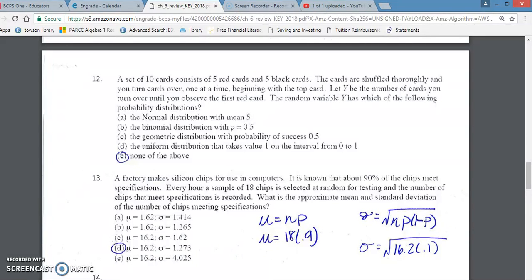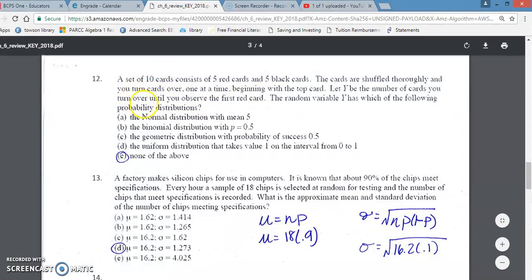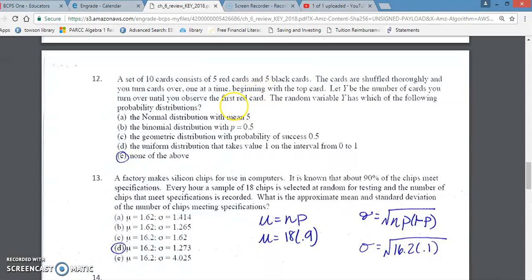So if you're looking at number 12, a lot of you may want to choose geometric distribution. The reason I did not choose it is because we are not replacing that card. Right here it says turn over until you observe the first red card, and looking at the trials until the first success is a characteristic of geometric.